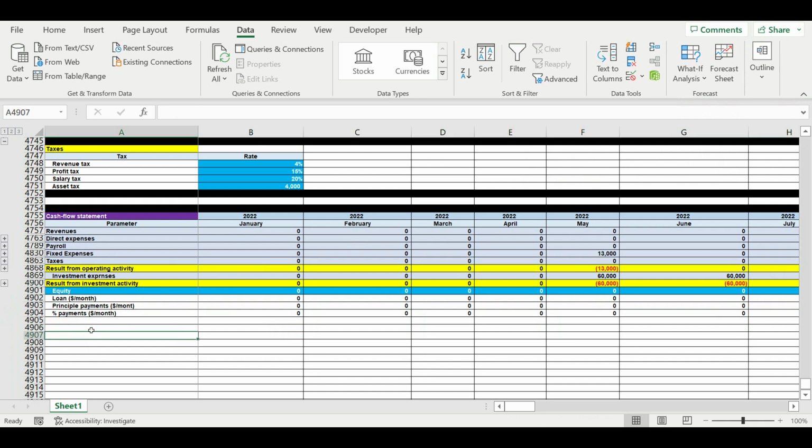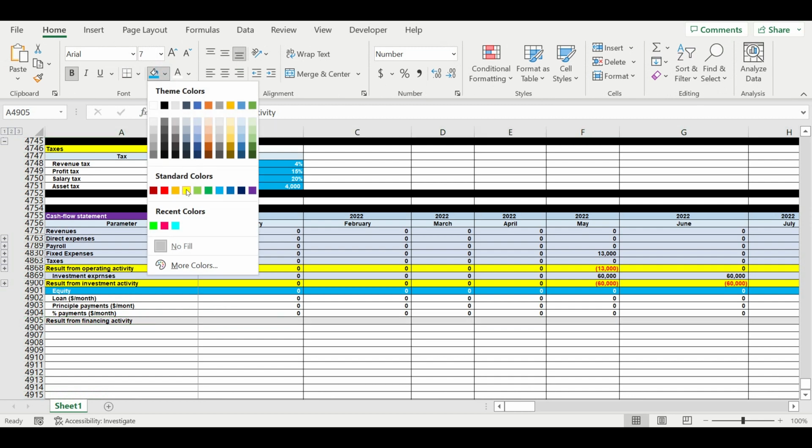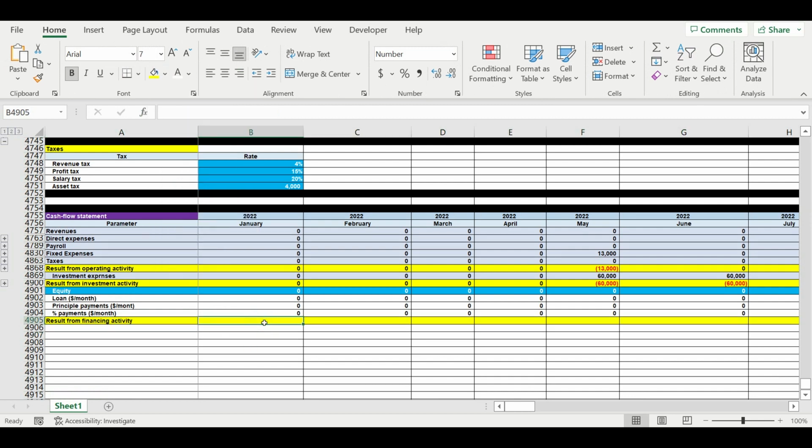Now we will create the third most important line called result from financing activity. So this is also a yellow line. We will take our money or our business partner's money or investors' money plus loan minus principal payments minus interest payments.